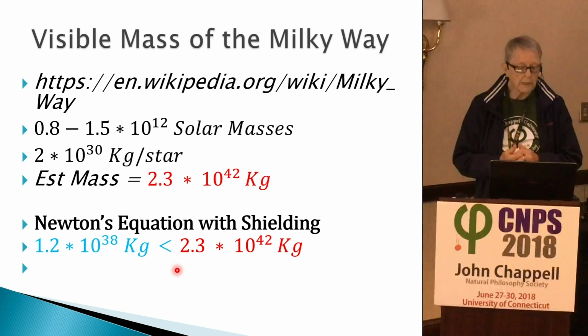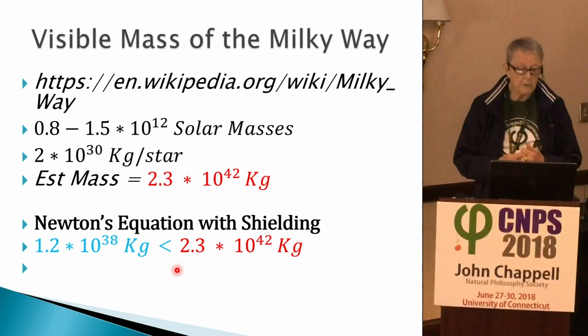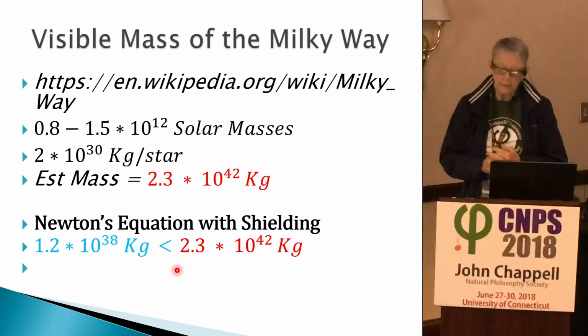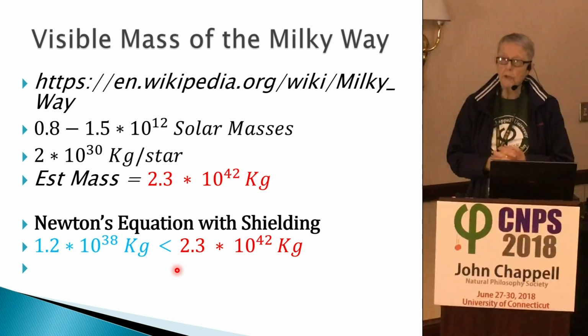And each one is estimated to be the same as our sun, which is 2 times 10 to the 30th kilograms per star. You multiply that out and you get an estimated mass of 2.3 times 10 to the 42 kilograms. That's the visible mass. That's not dark matter. That's what you can see.